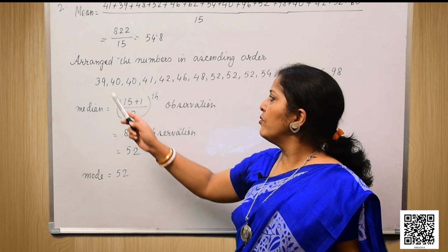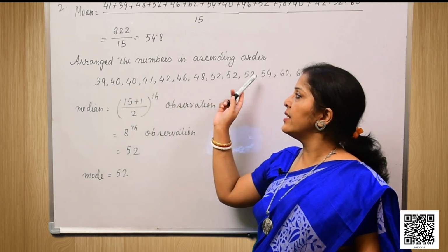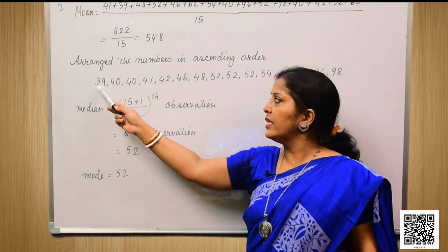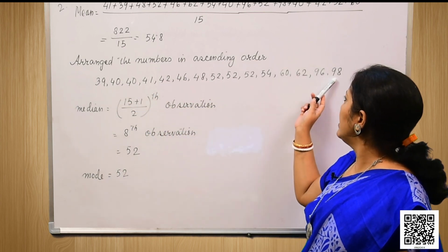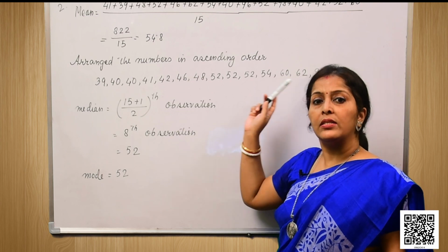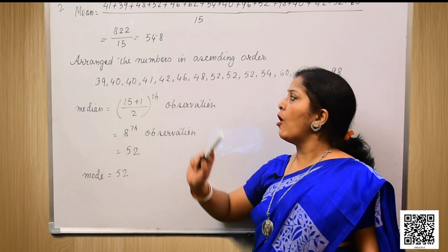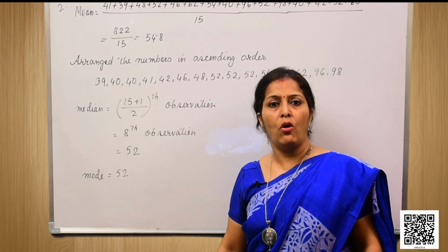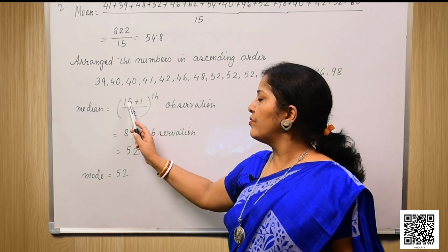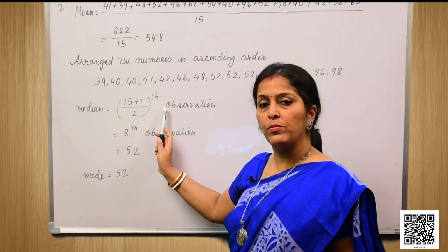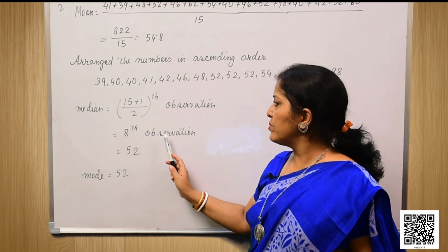Now next is the median. To find the median, we arrange the numbers in ascending order. So we started with 39, then 40 and 40, till we go to the highest number, that is 98. Now since in this case the number of observations is 15, which is odd, the median will follow the first formula, that is the 15 plus 1 by 2th observation, which is the 8th observation.